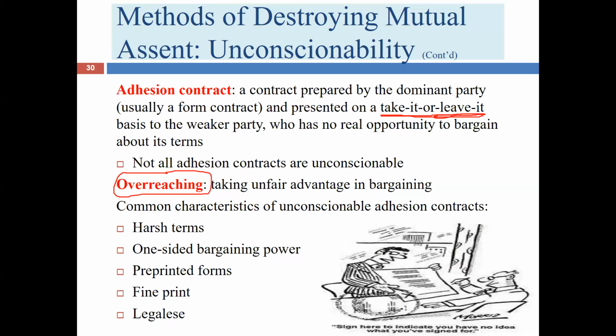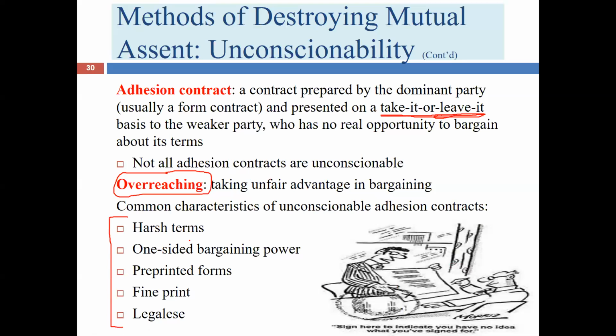And guess what? They can do it because no one's going to actually read the contract, and it's a take it or leave it situation. So when they do overreach, the courts might say, well, given the fact it's a take it or leave it, and we have this overreaching, maybe it is unconscionable.